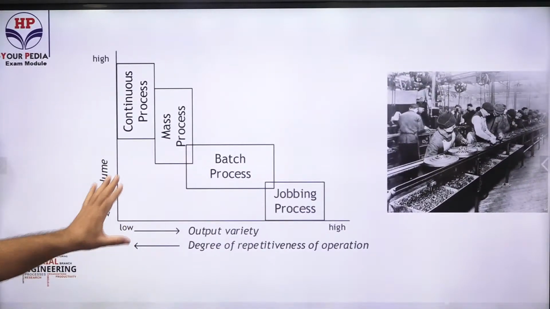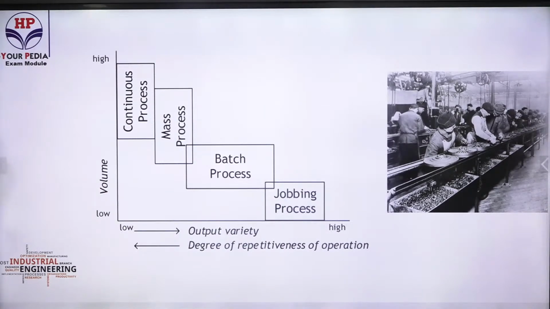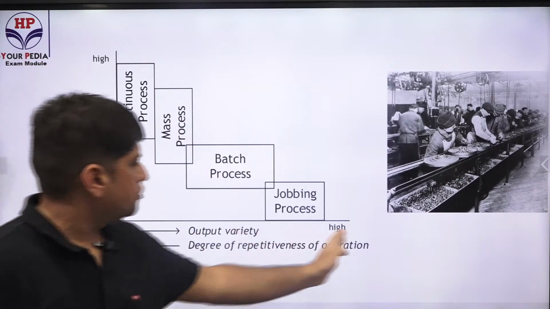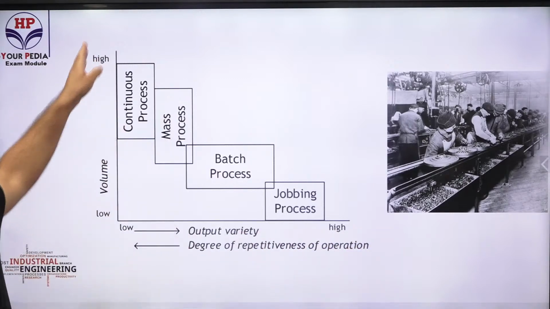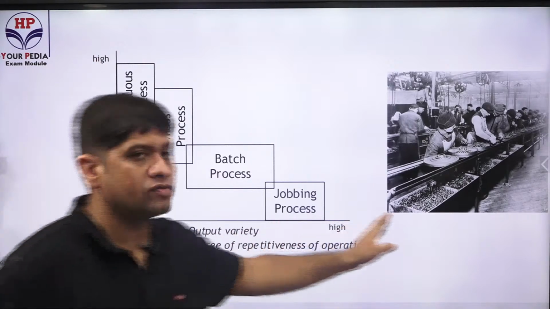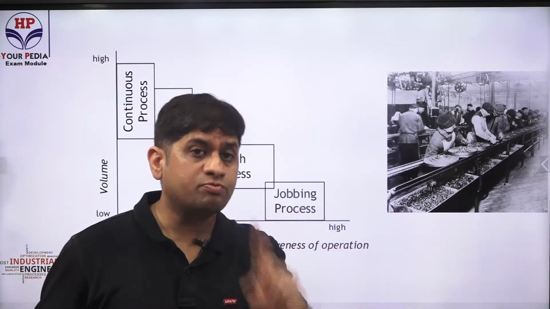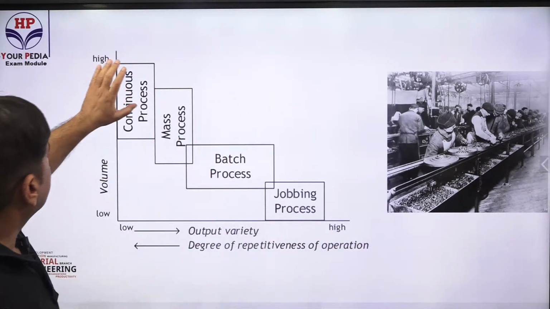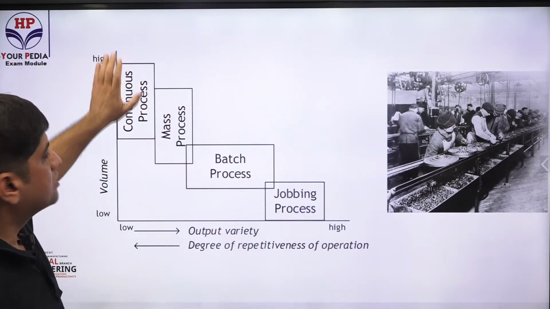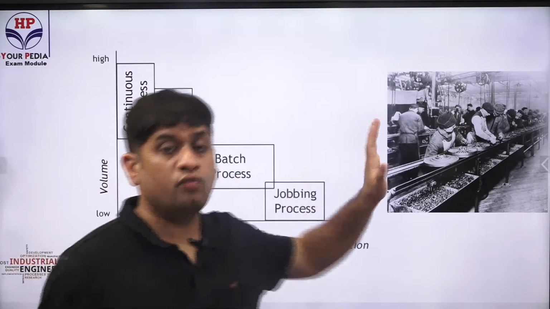ये बहुत इंपॉर्टेंट डायग्राम है प्रोडक्शन सिस्टम को लेके. If I draw a graph, quantity versus variety, quantity of the products and variety of the products, then in mass production or continuous production the quantity produced is very high.